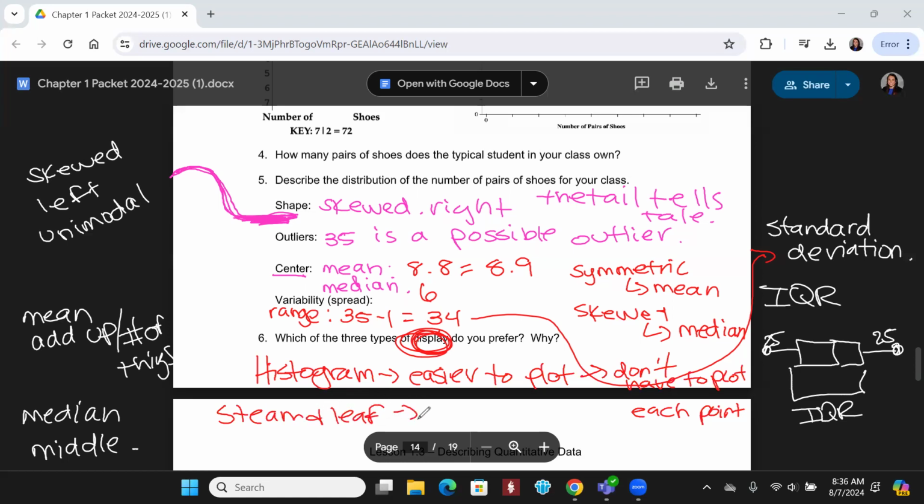What did he say earlier about the stem and leaf? It shows you every individual value. Okay. So it shows every value. And this is also helpful with a small set of data.